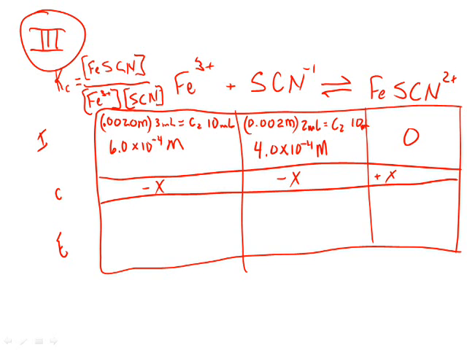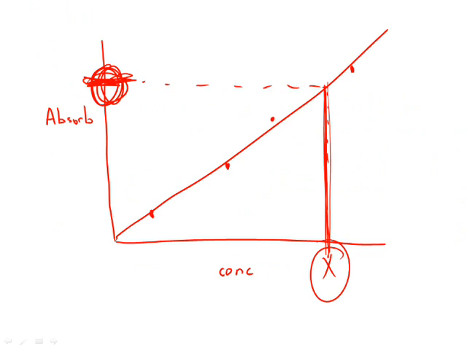So when you're working on the lab today, what is it you're going to measure? Well, you're making a calibration curve like this, and you're measuring the concentration of the iron thiocyanate.